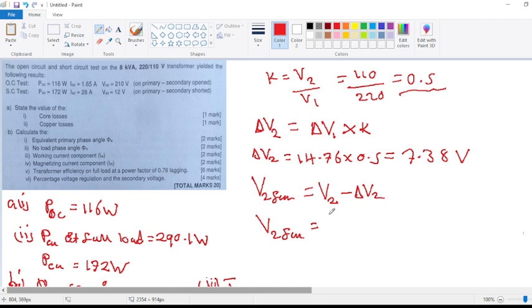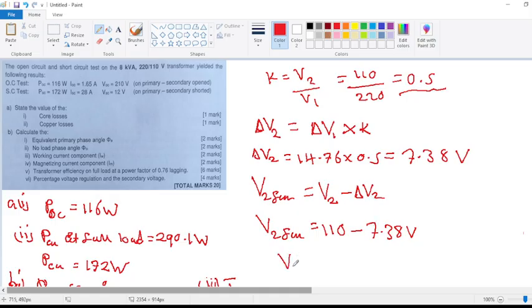So the voltage on the secondary side at full load is the 110 we've been given, minus the voltage drop on the secondary side, which we have calculated to be 7.38 volts. So 110 minus 7.38, we are going to have 102.62.